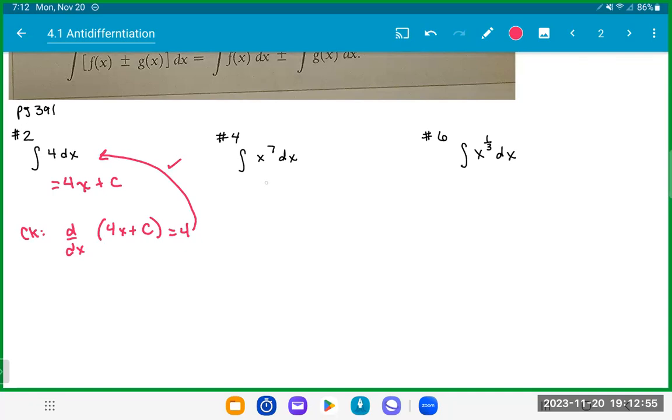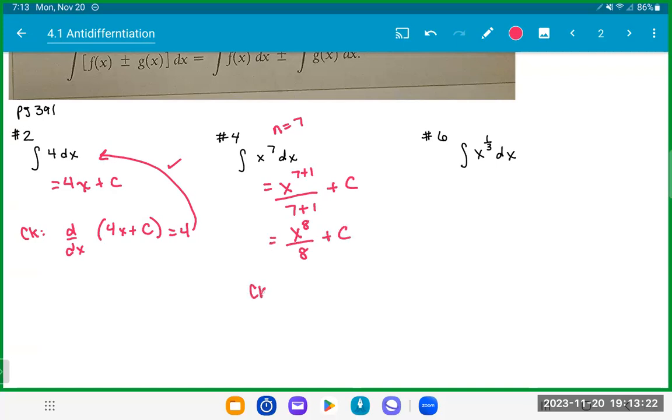Let's look at this next one. It's just a power rule where our n is equal to 7. So this is going to equal x to the 7 plus 1 divided by 7 plus 1. Let's not forget that c constant out there. And we get x to the 8th over 8 plus c.